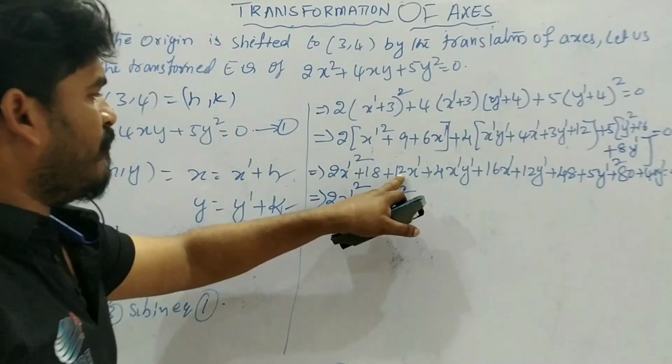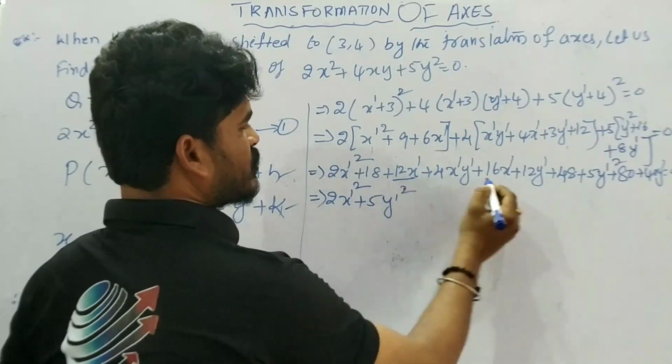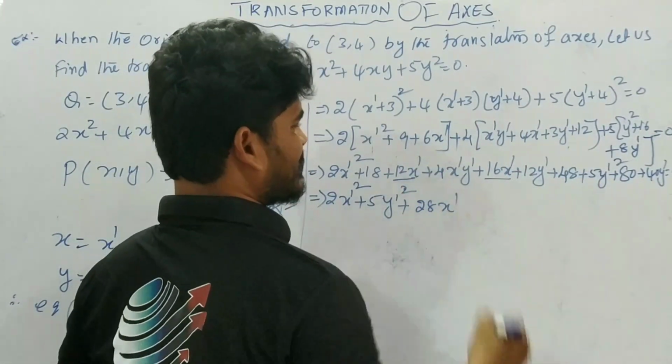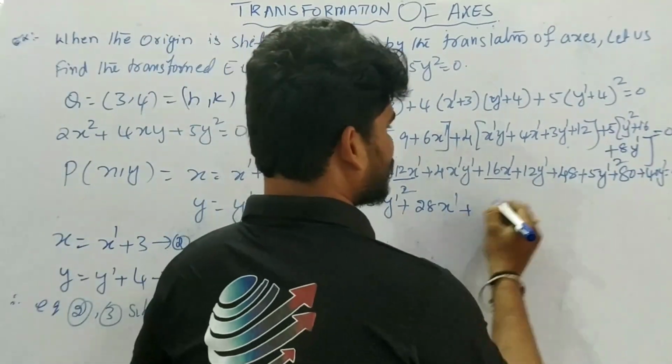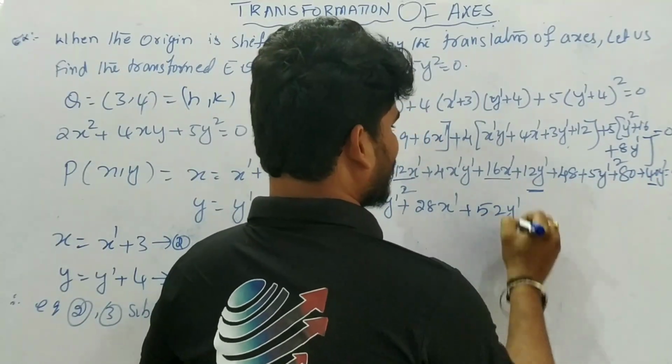Next, 12x dash plus 16x dash gives 28x dash. Same way, 12y dash plus 40y dash gives 52y dash.